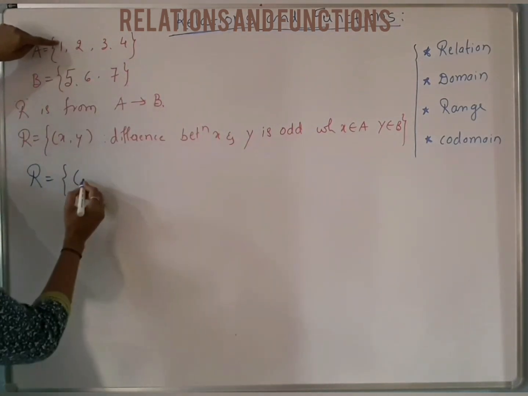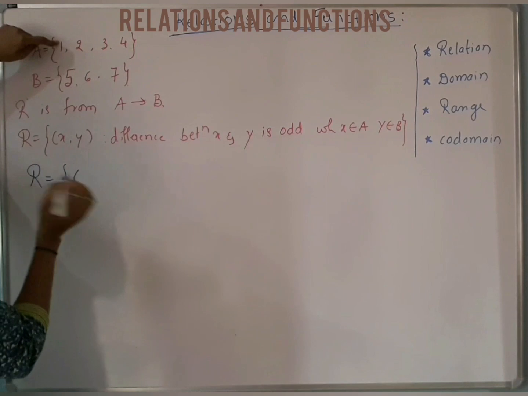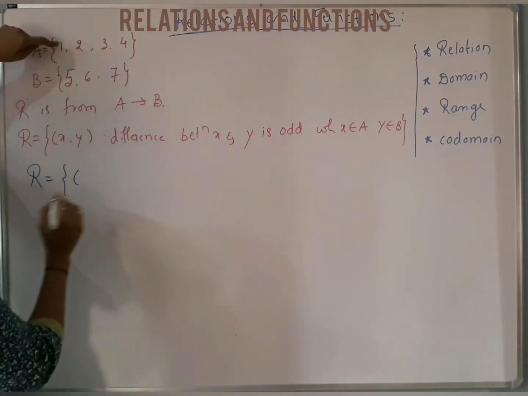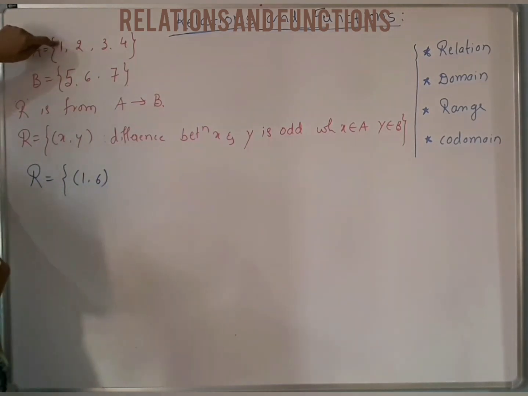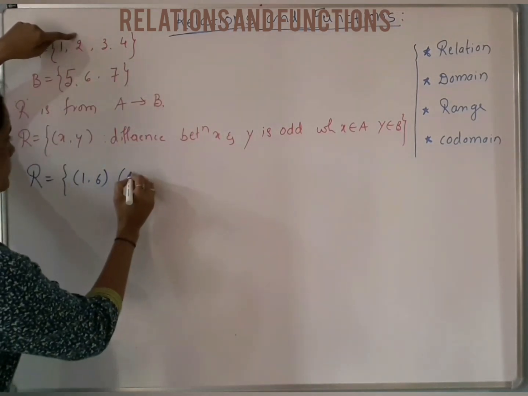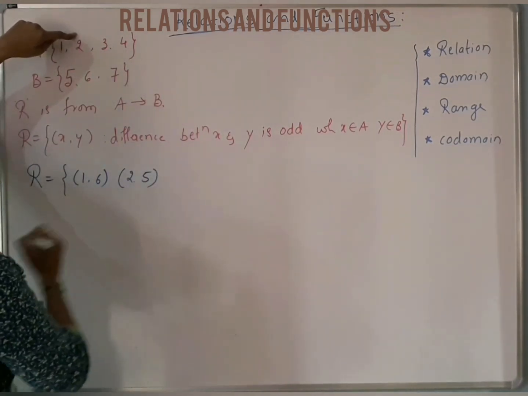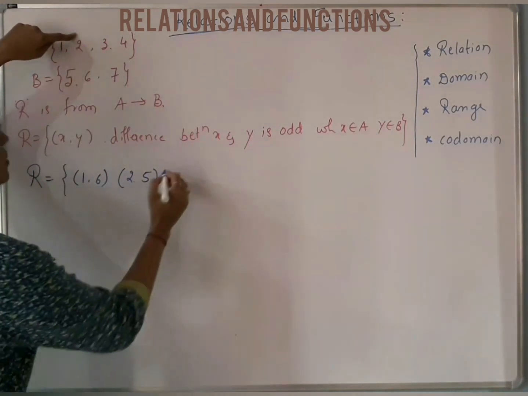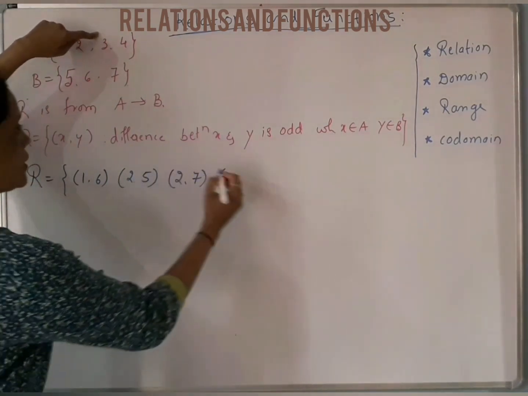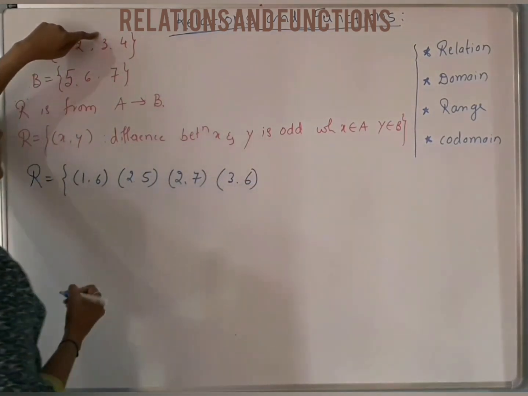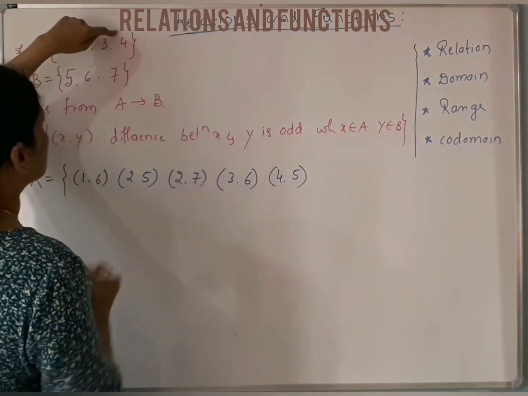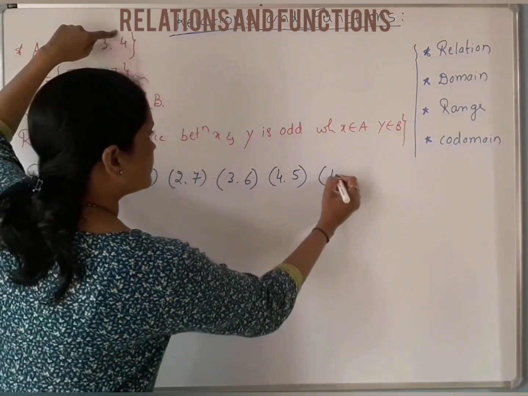So first ordered pair (1,5). The difference between 1 and 5 is 4, that is even. So leave it. Next I go to (1,6). The difference is odd. (1,7), even. (2,5), the difference is odd. (2,6), even. (2,7), odd. (3,5), even. (3,6), odd. (3,7), even. (4,5), odd. (4,6), even. (4,7).